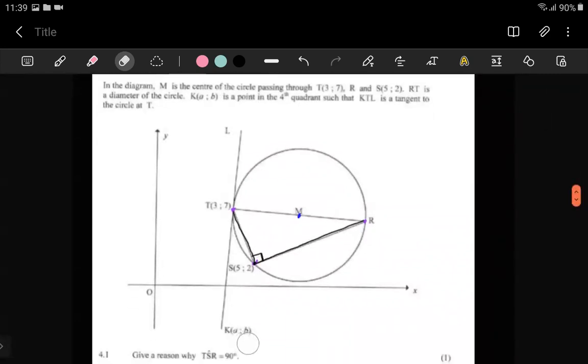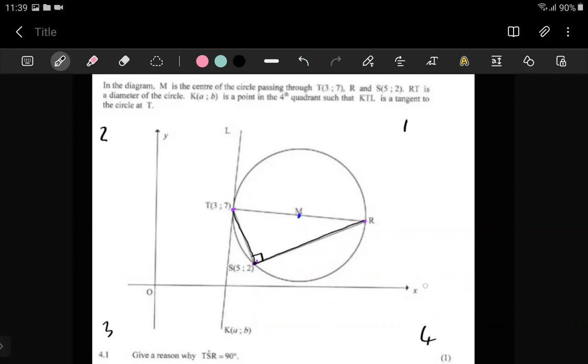It's a point in the fourth quadrant. So you have quadrants 1, 2, 3, and 4. It's always anti-clockwise, starting from here. 1, 2, 3, 4. So the fourth quadrant is down here. Yes, ma'am. 100%.